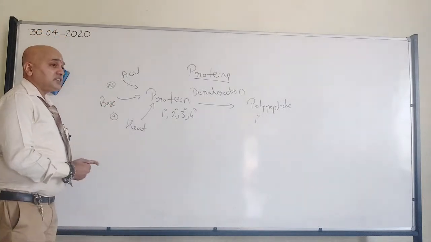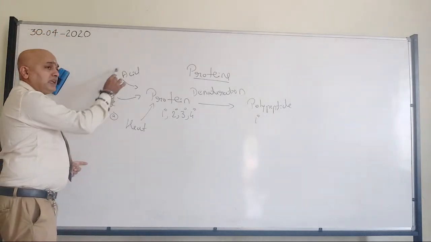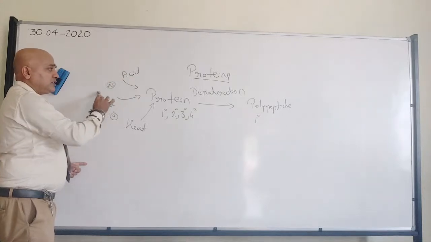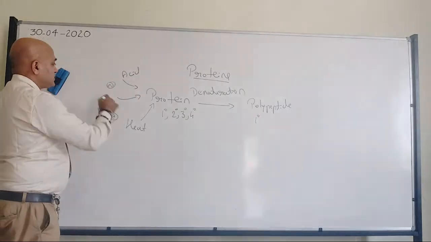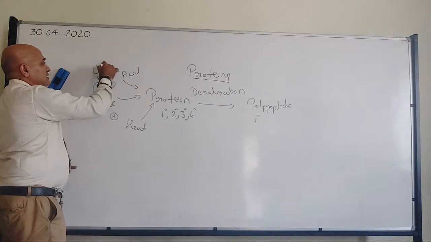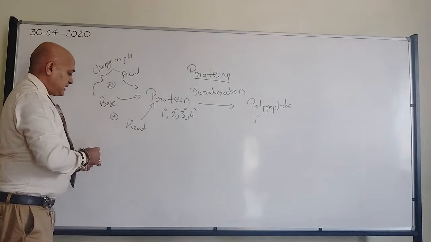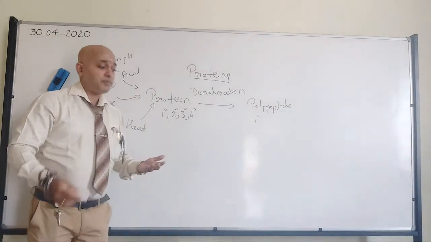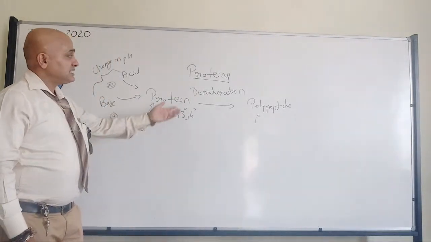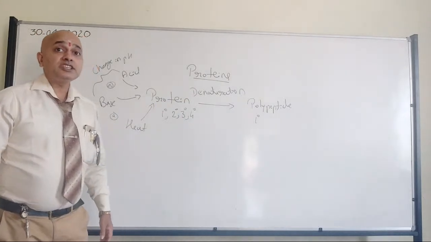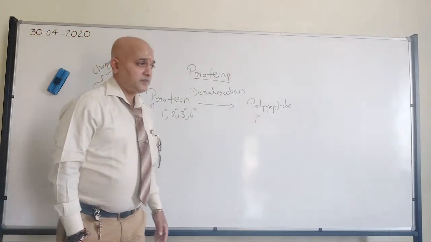What is that condition? Change in pH. These two related to change in pH. And another one is heat. Change in temperature. Okay? So that's where I am going to have the denaturation of the protein.